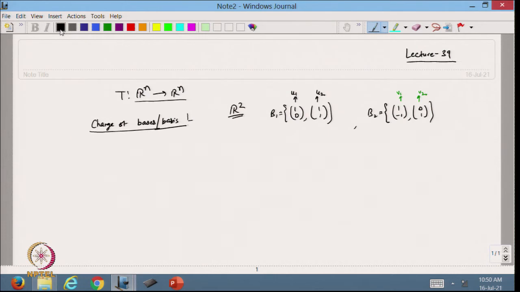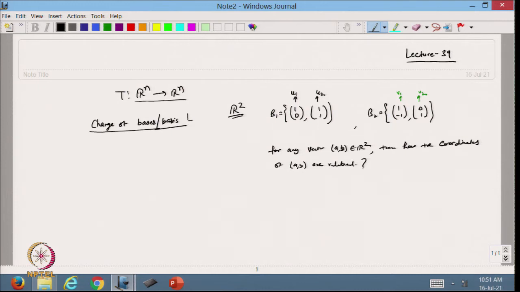Now we want to see that for any vector (a, b) belonging to R2, how the coordinates of (a, b) are related.